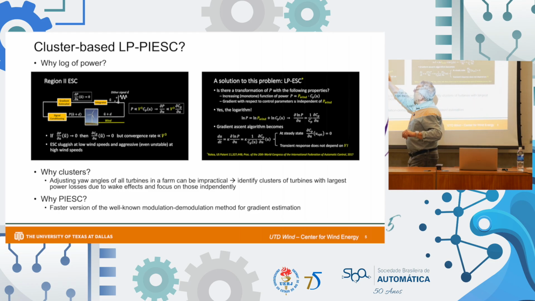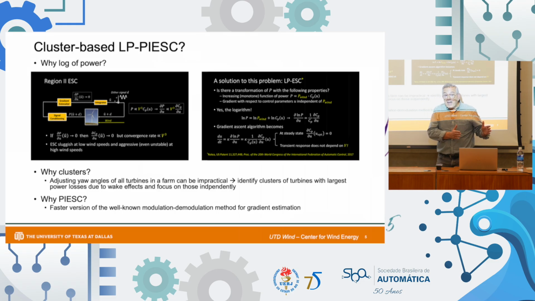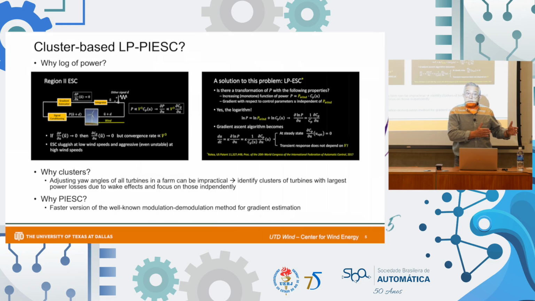So why is this a problem? Well, the convergence rate of the loop that takes the gradient of power, and therefore the gradient of the coefficient of power, to zero is going to be proportional to V cubed. So you can be very slow at low wind speeds and very fast, even unstable, at higher wind speeds.